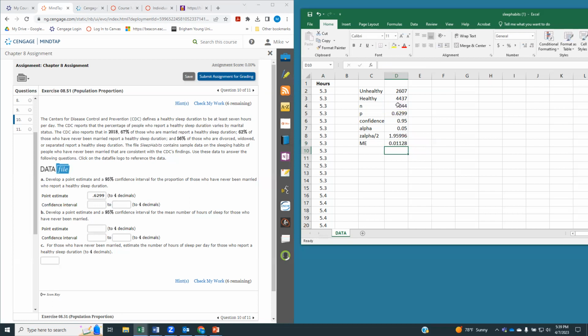I have to do equals first. That should be our margin of error. Then to find our confidence interval, the lower end is p minus the margin of error, and the upper end is p plus the margin of error.